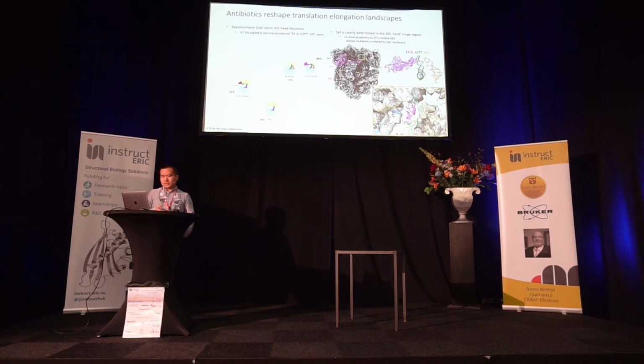And also for this state, again, we can, for the first time, clearly visualize this drug directly inside the cell, right in the hinge region between the body domain and the head domain. This way it actually blocks the dynamics of the head domain of the small subunit, which has been suggested to be important for the EF-G mediated translocation.